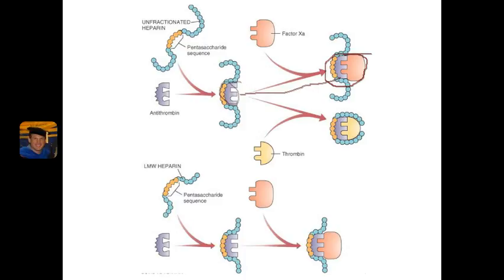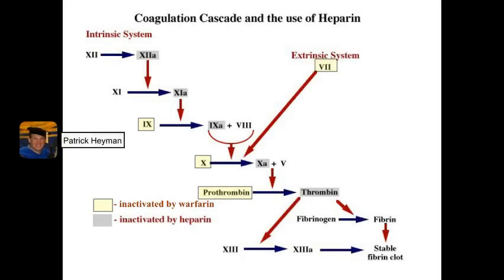Now, the way that low molecular weight heparins work, same thing, but you'll notice that this tail is much shorter. That shorter tail is going to provide a number of benefits to low molecular weight heparins, which we're going to talk about in a little bit. So heparin is going to work here and here, and low molecular weight heparins are only going to work here in factor 10A.